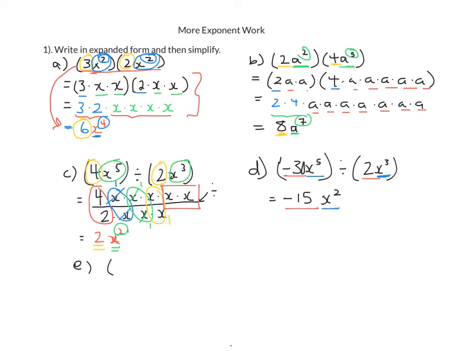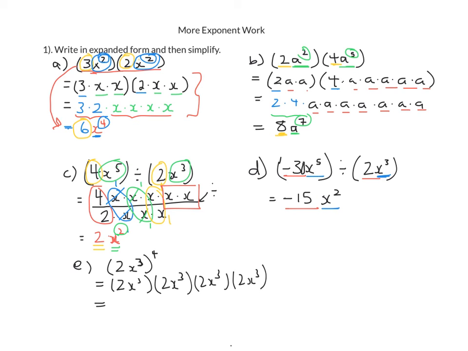Okay, I'm going to have 2x to the 3, 2x cubed, all to the exponent of 4. Okay, if I write that in its expanded form, it really means I have 2x to the 3 times 2x to the 3 times 2x to the 3 times 2x to the 3.